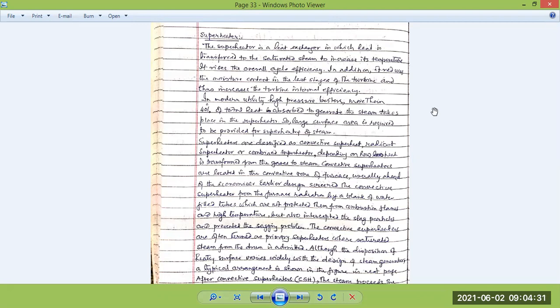are essentially using the additional heat extracted from the flue gases, which is not used and which is going to be wasted, and the efficiency of the plant is going to be reduced.